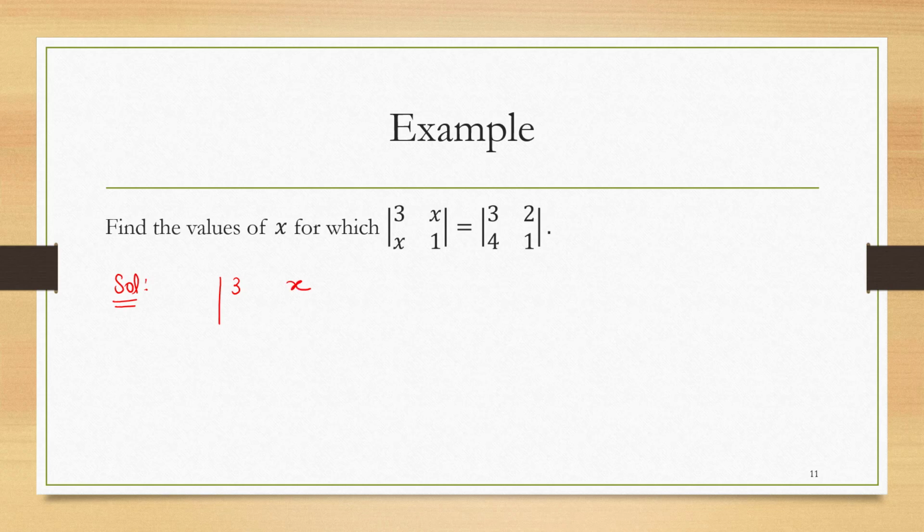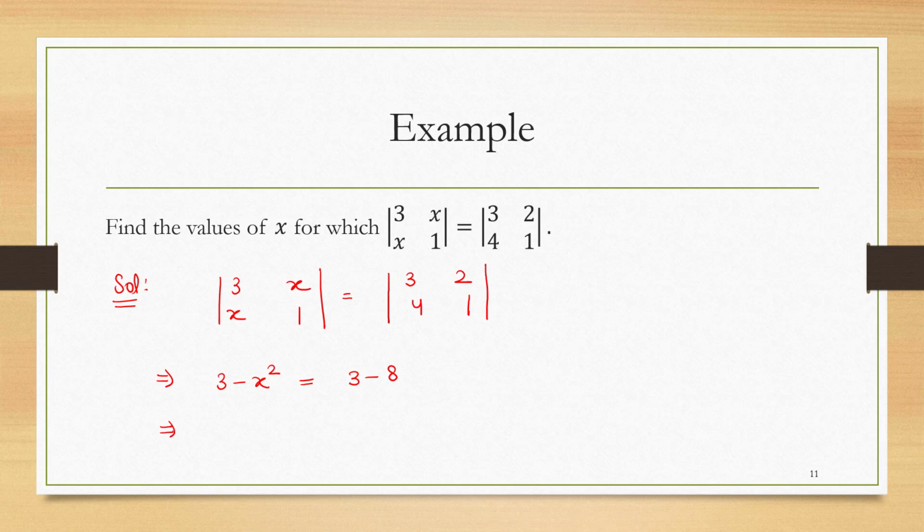Determinant of 3, x, x, 1 is given to be the determinant of 3, 2, 4, 1. Let's solve both the determinants. Determinant on the left side is 3 minus x square. And that on the right side is 3 minus 8.